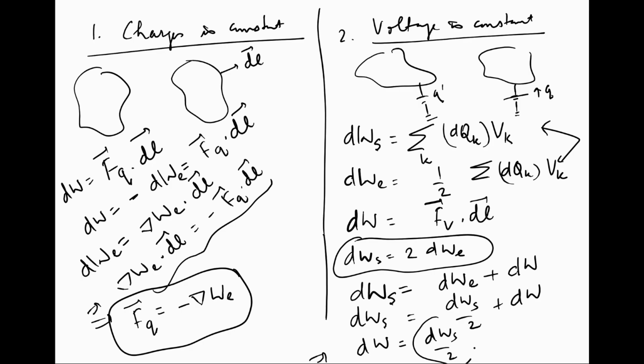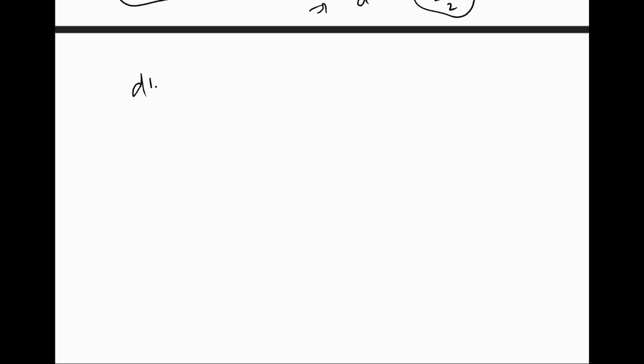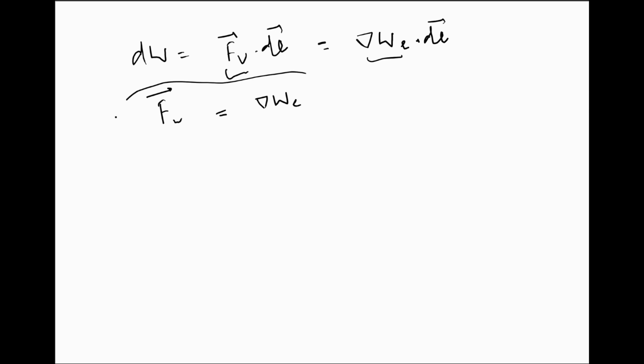Now dW_s by 2 is simply again dW_e only. So you see dW, which is simply equal to F_V dot dl, is now equal to dW_e, which is ∇W_e dot dl. So on comparing these two, we can see that the force when the voltages are kept constant is simply ∇W_e.